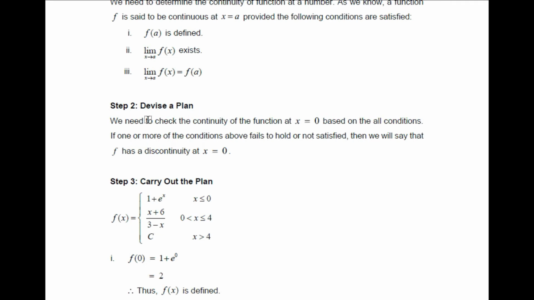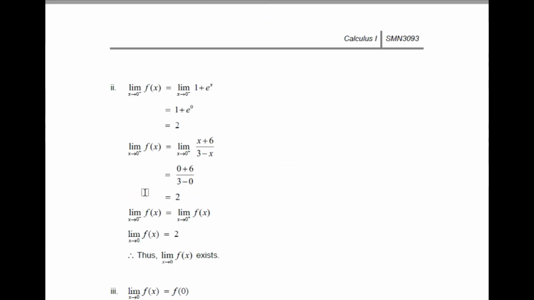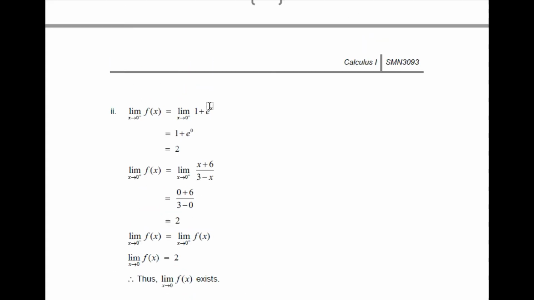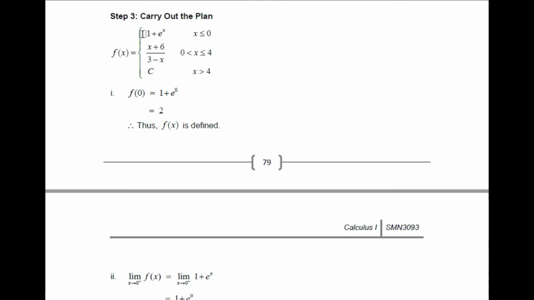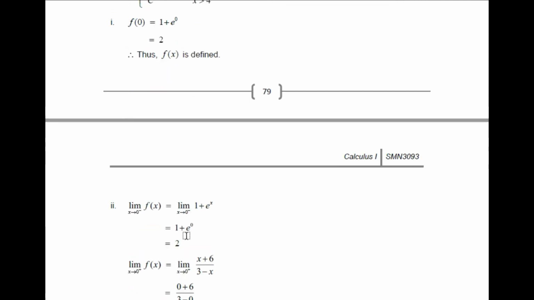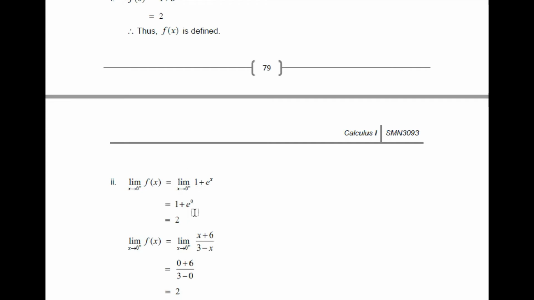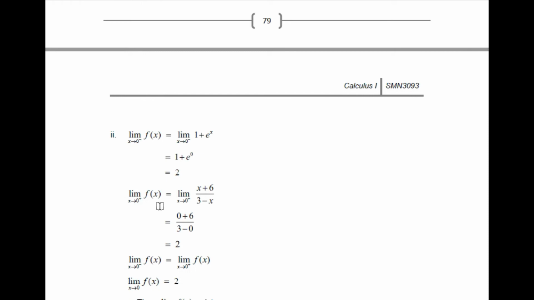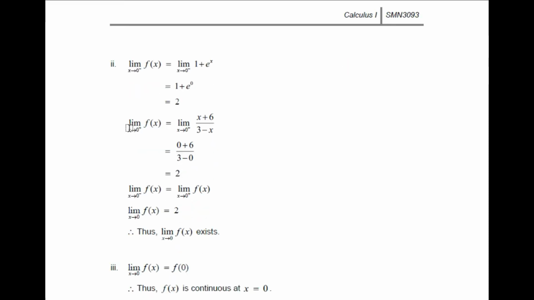The second condition is we consider the two-sided limit to know whether the limit of f(x) as x approaches a exists or not. For the limit of f(x) as x approaches 0 from the left, the applicable formula is 1 plus e to the power of x. We solve this limit and we get the answer 2. And then we solve the limit of f(x) as x approaches 0 from the right.